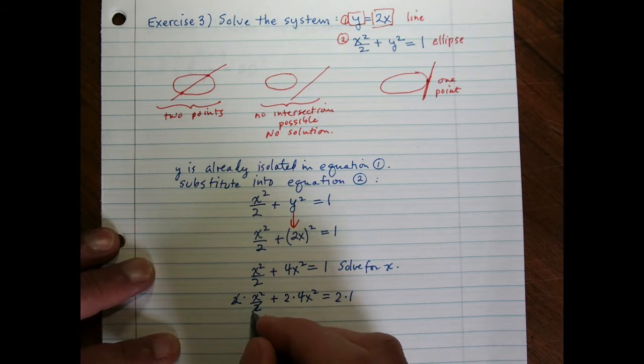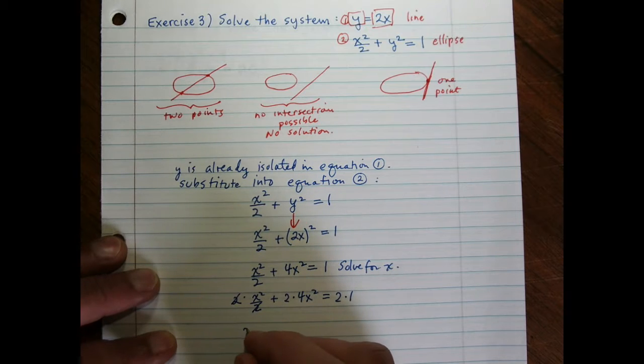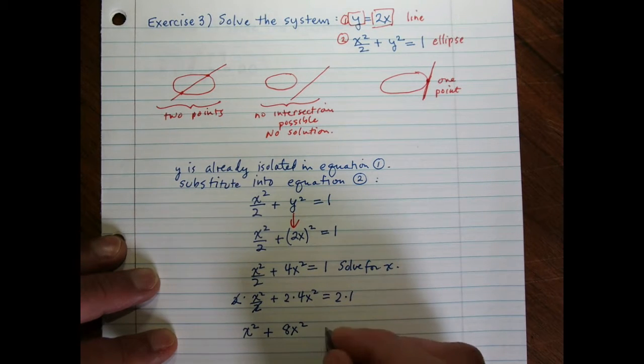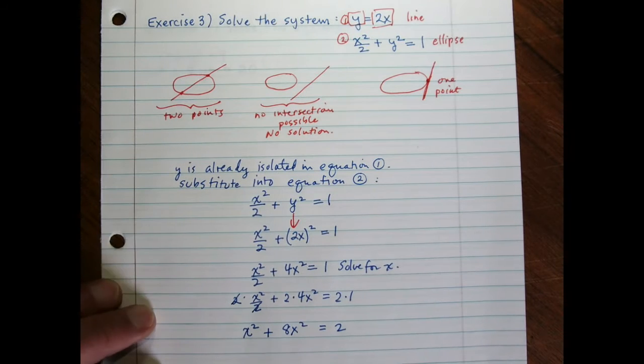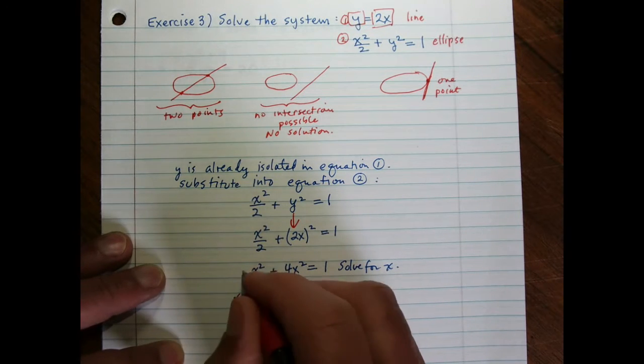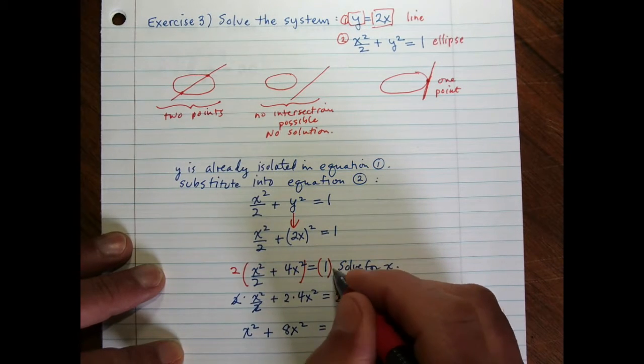The 2 will cancel on the first term, so I have x squared. And the 2 times 4x squared gives me 8x squared. x squared plus 8x squared equals 2. And I just want to reiterate that we're multiplying both sides of this equation by 2.